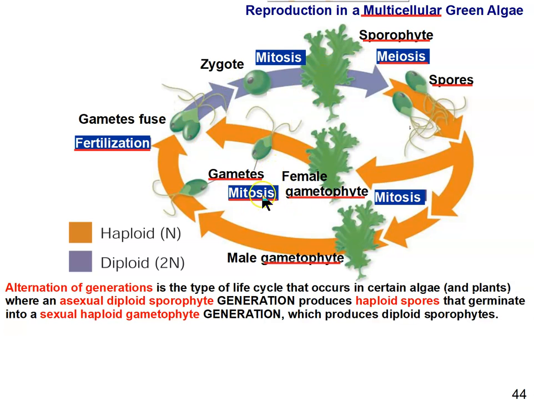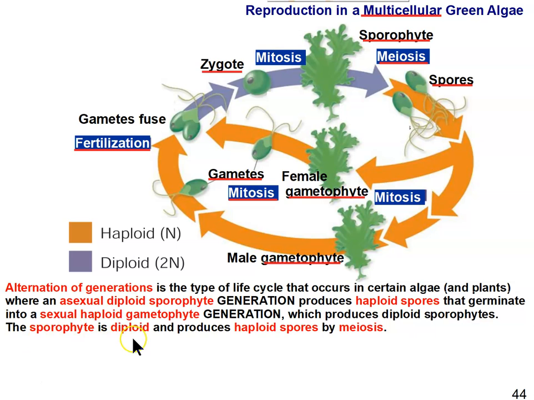Notice that that's happening by mitosis, because these gametophytes are already haploid. So they can produce gametes by mitosis. There doesn't need to be, and really can't be, any reduction in chromosome number. So to produce haploid gametes, these haploid gametophytes can do that through mitosis. We then get a zygote that's going to develop into the diploid sporophyte.